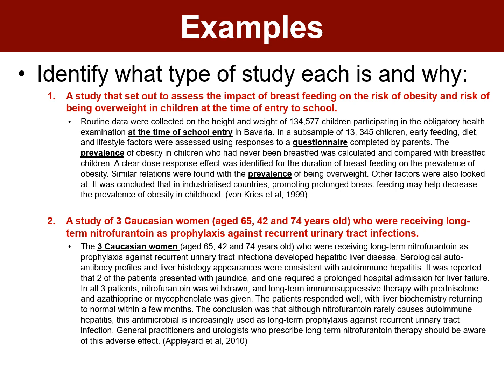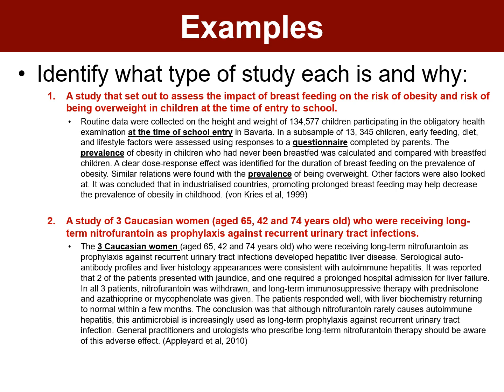It says routine data were collected on the height and weight of 134,577 children participating in the obligatory health examination at the time of school entry. That's one clue right there. In Bavaria.